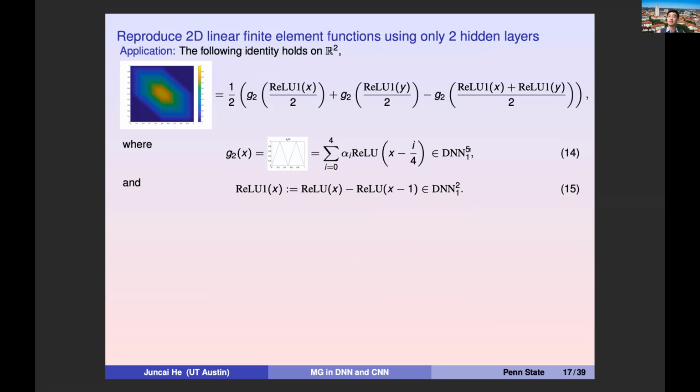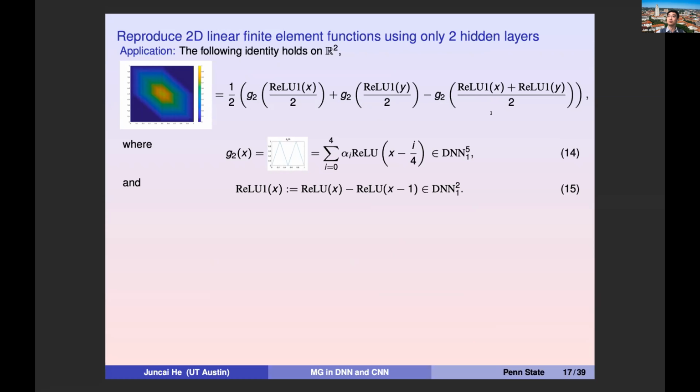You can use one hidden layer, this ReLU1, a typical one: ReLU(x) minus ReLU(x minus 1). Then you can use two hidden layers, so this function is a two hidden layer deep neural network, and it equals the basis function globally, which means that outside of the cube this function equals 0.